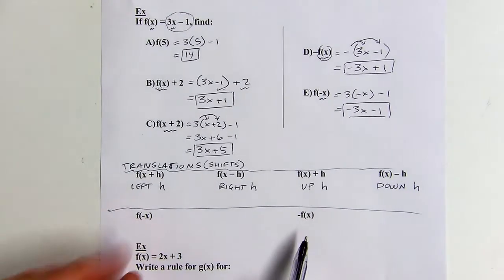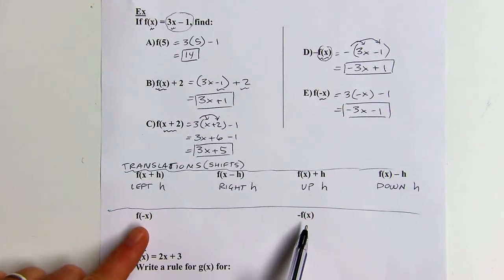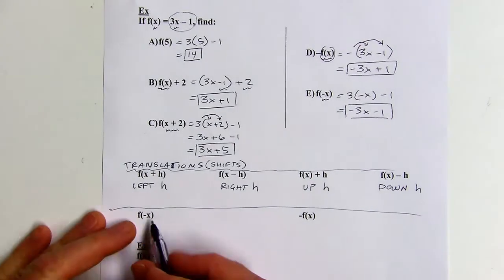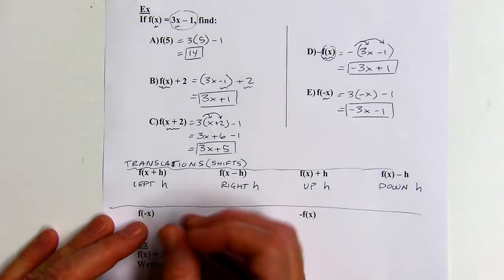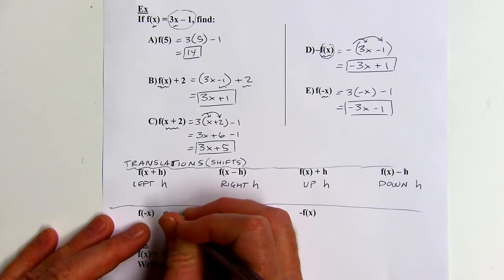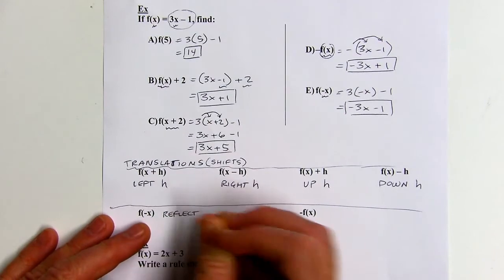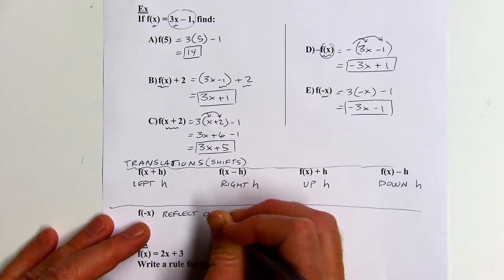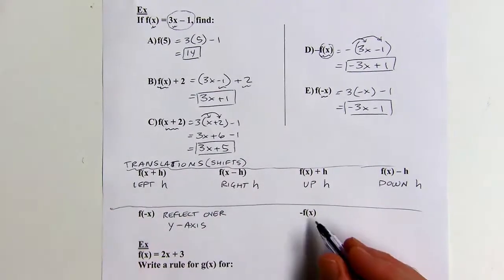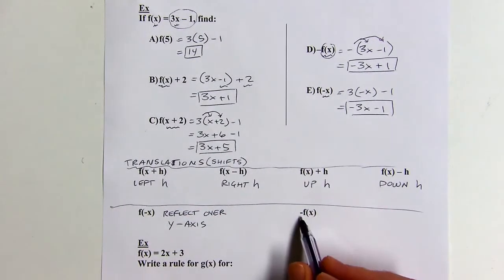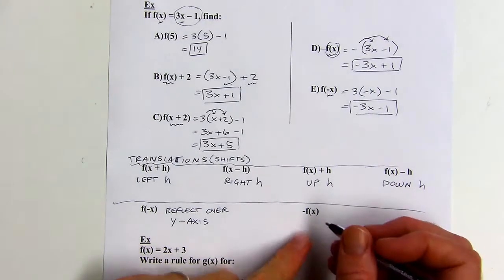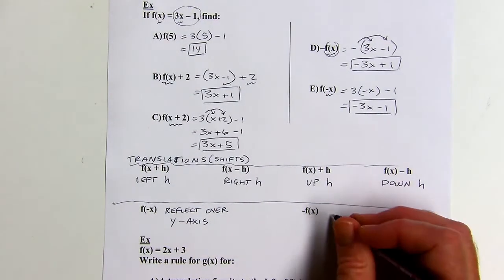These other two, when we're multiplying by a negative, we're going to get a reflection. When you're multiplying the input, this is going to reflect over the y-axis. And when we are multiplying the output, the whole function by -1, then we're going to reflect over the x-axis.